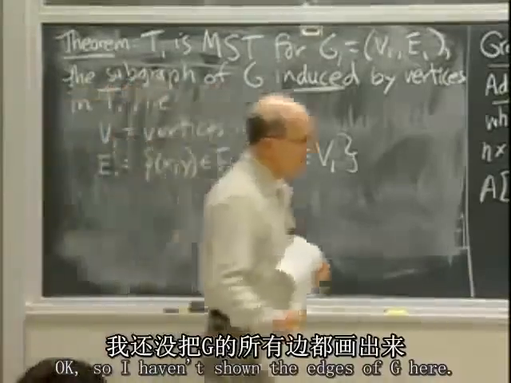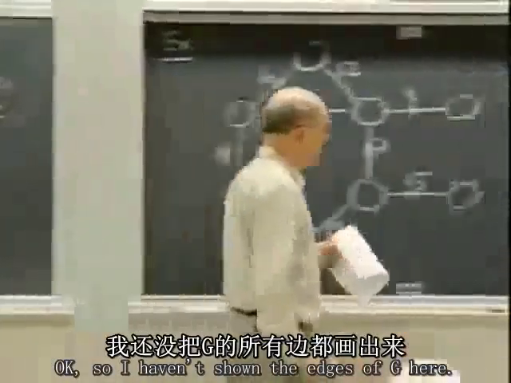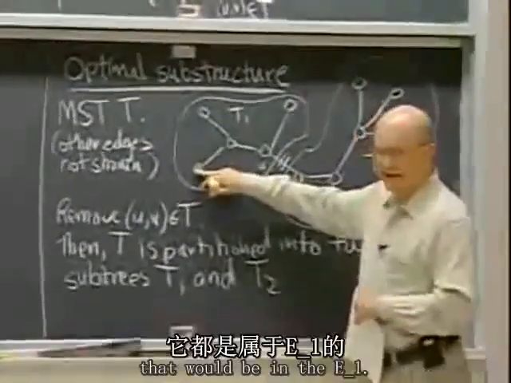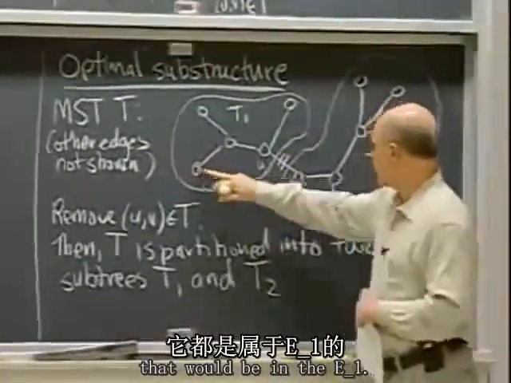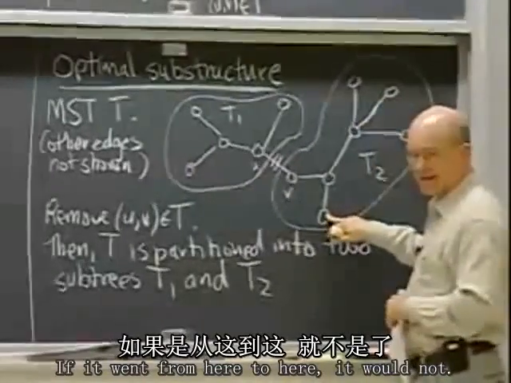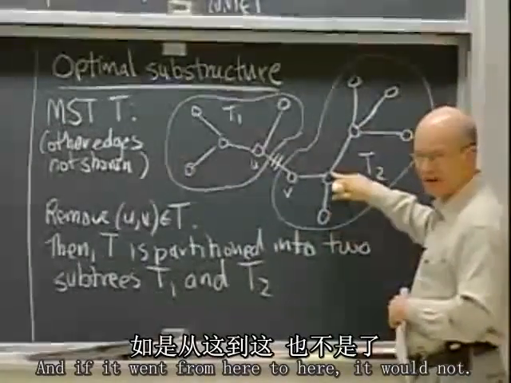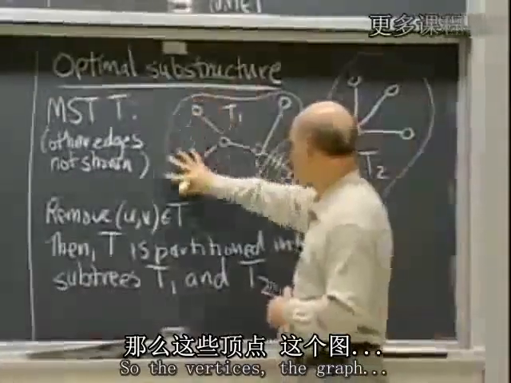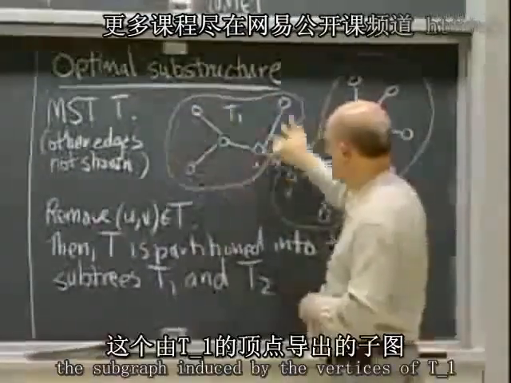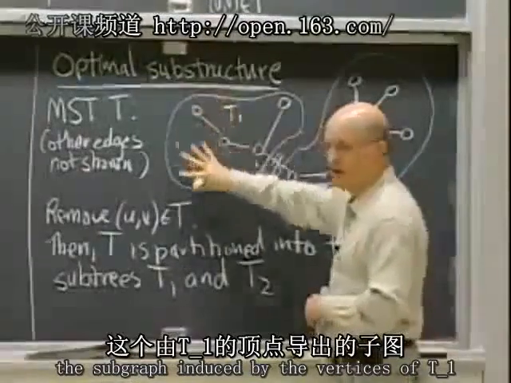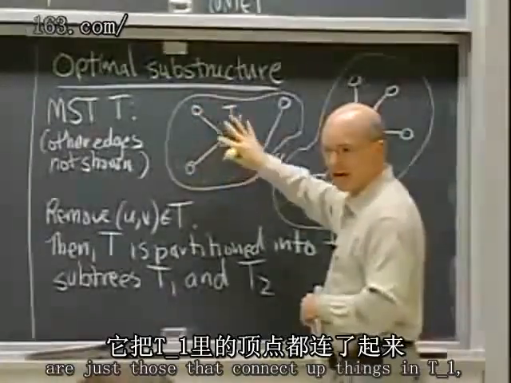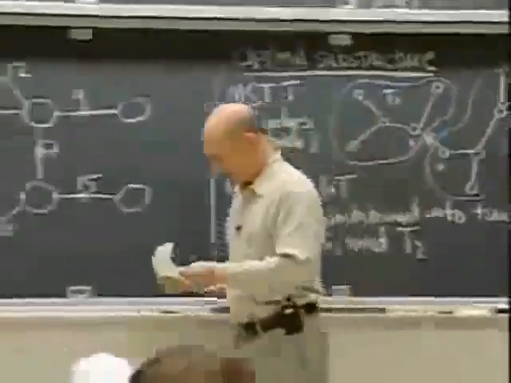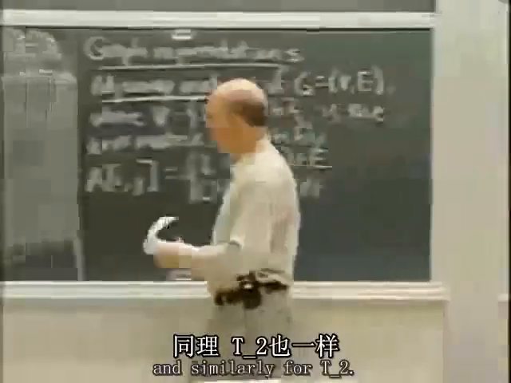So I haven't shown the edges of G here, but basically, if an edge went from here to here, that would be in E1. If it went from here to here, it would not. And if it went from here to here, it would not. So the subgraph induced by the vertices of T1 are just those edges that connect up things in V1. Okay? And similarly for T2.